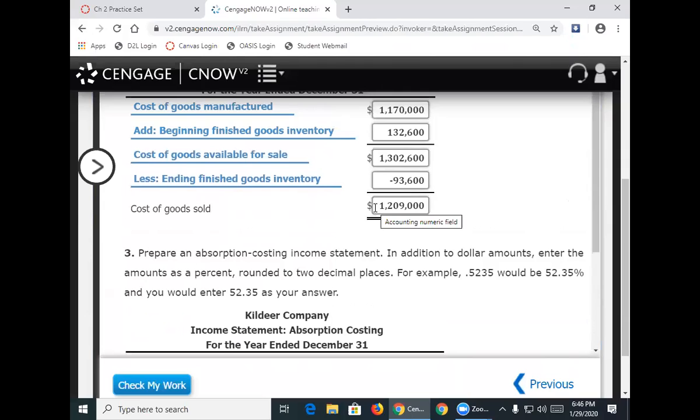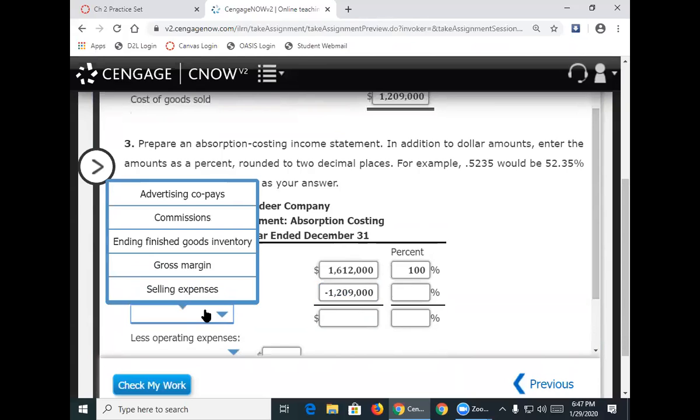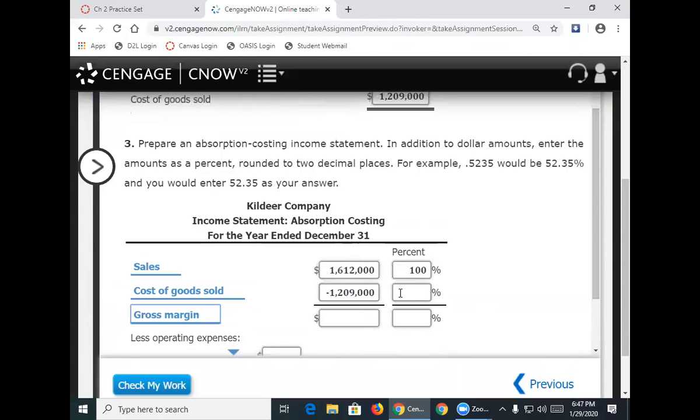The good news is we don't have to recalculate it. So minus 1,209,000, which is 75% of sales. And so what's my gross margin? 403,000. Very good. And of course, that would make it 25%.